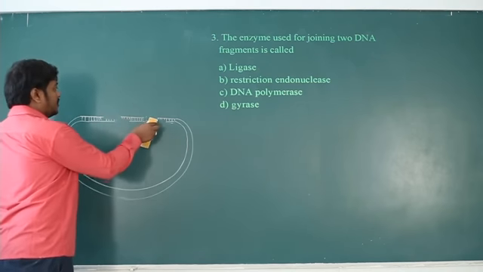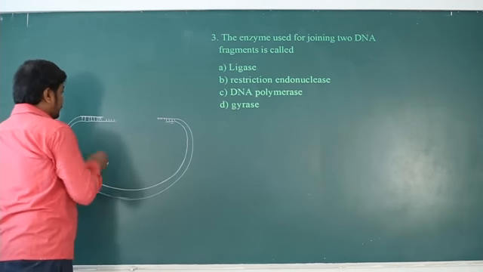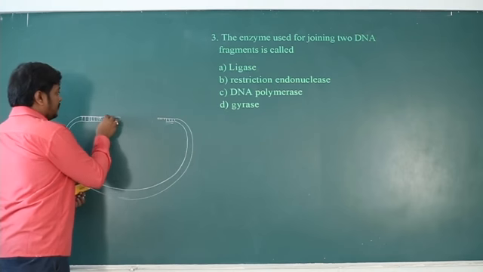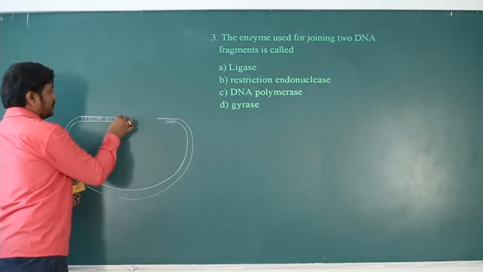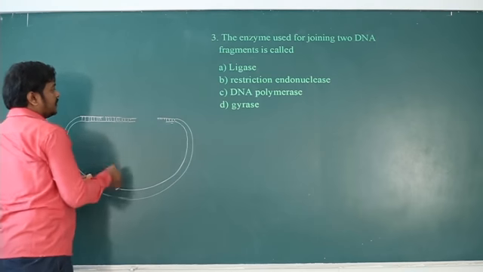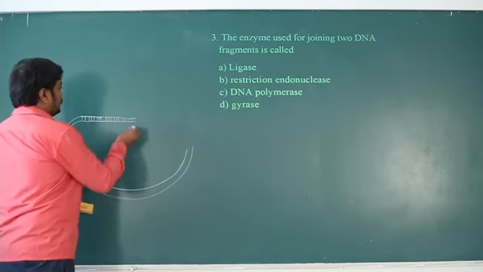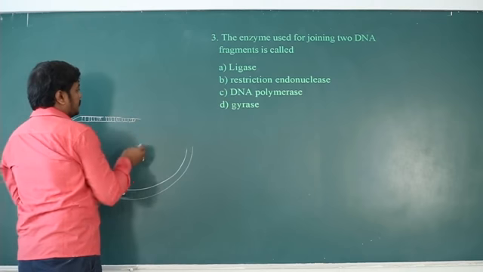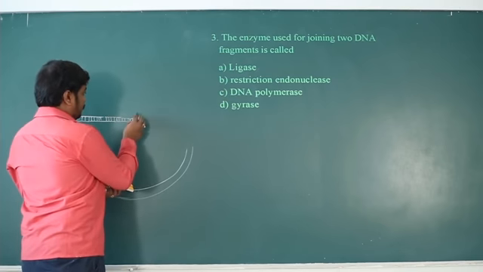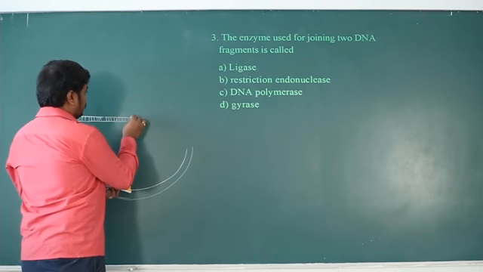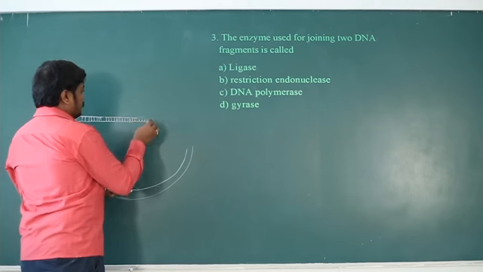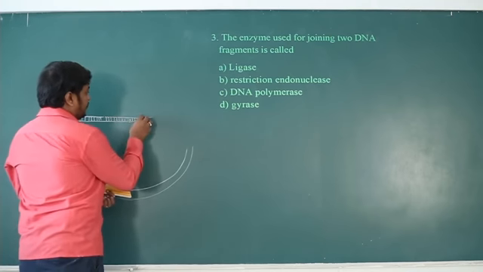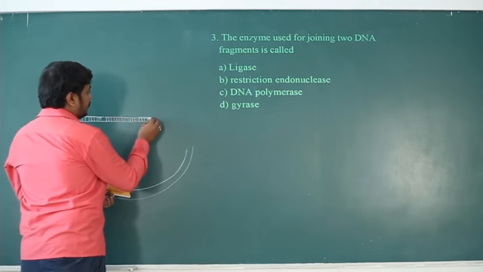So 1, 2, 3, 4 can be joined together, then can be continued. Now it can be 1, 2, 3, 4. Can continue like this.